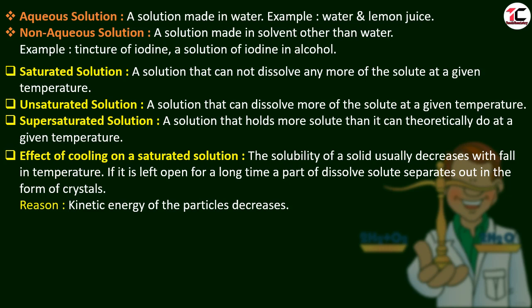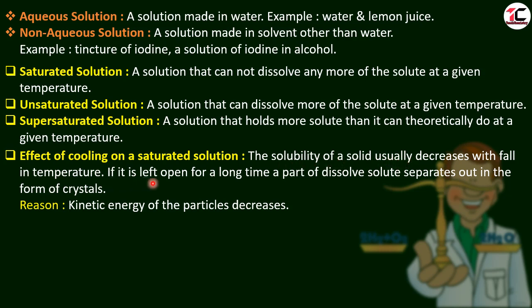Let us see the effect of cooling on saturated solution. What happens when we cool the saturated solution? Saturated solution, that means it has the maximum amount of the solute. The solubility of a solid usually decreases with fall in temperature. If we decrease the temperature, solubility of the solid will decrease.